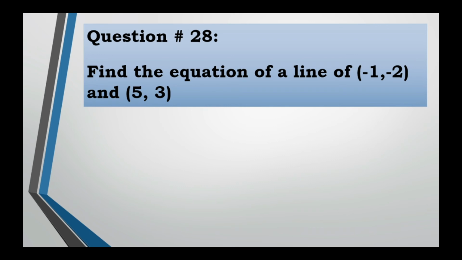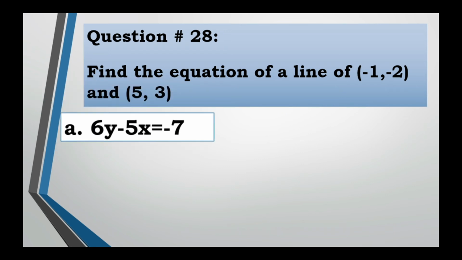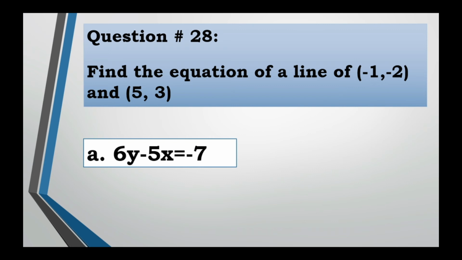Question number 28. Find the equation of the line through -1, -2 and 5, 3. Letter A, 6y minus 5x equals -7.